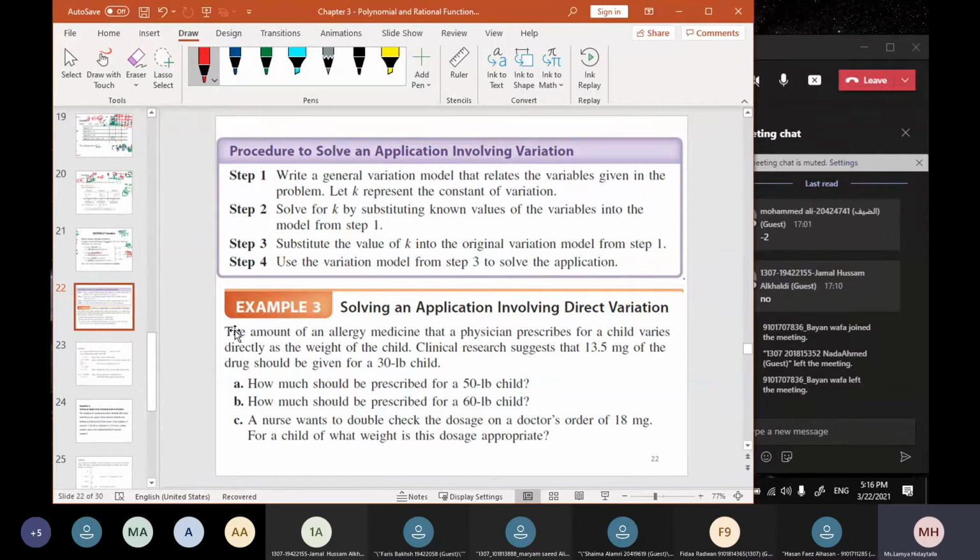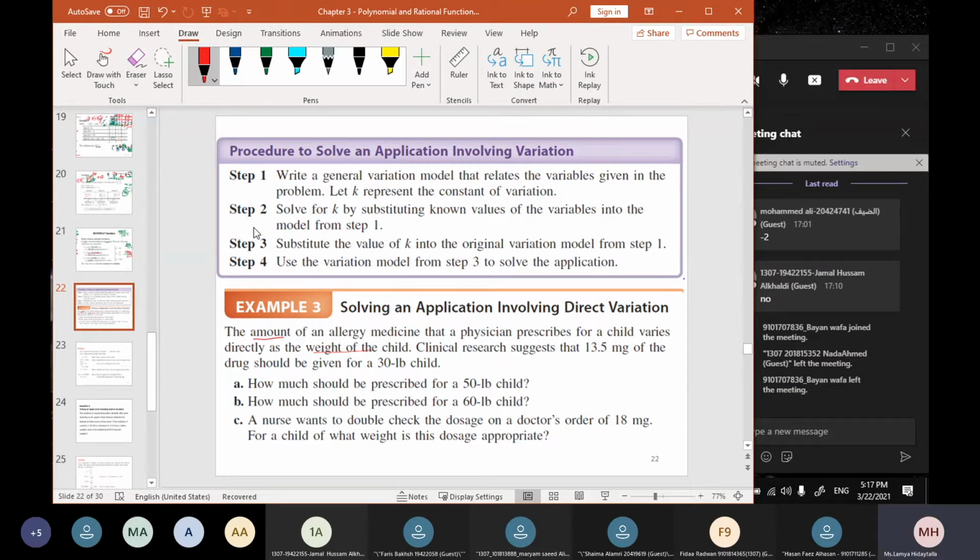The amount of an allergy medicine that a physician prescribes for a child varies directly as the weight of the child. So the amount of the medicine is directly proportional to the weight of the child.